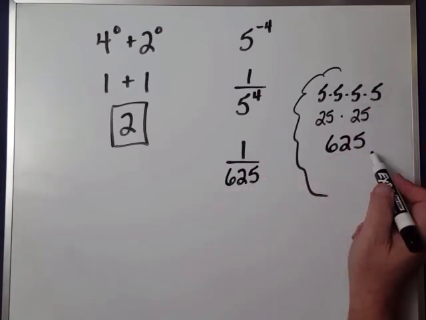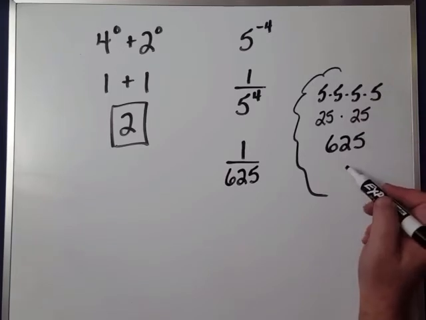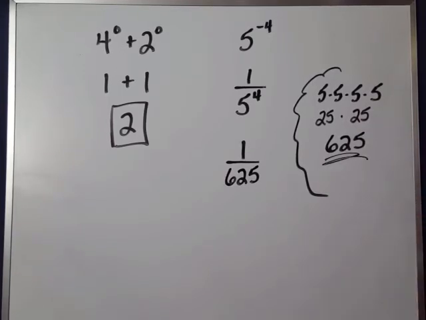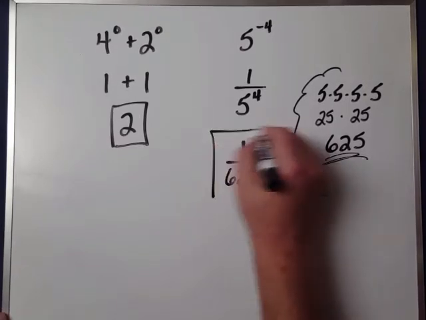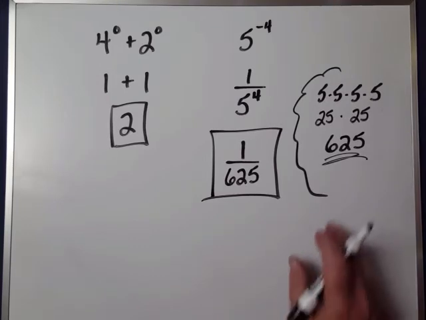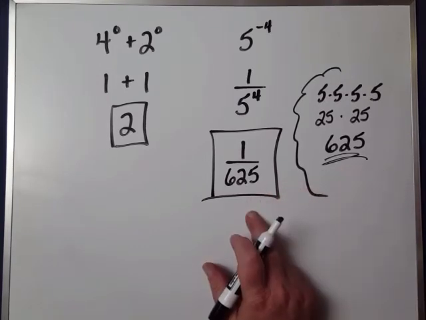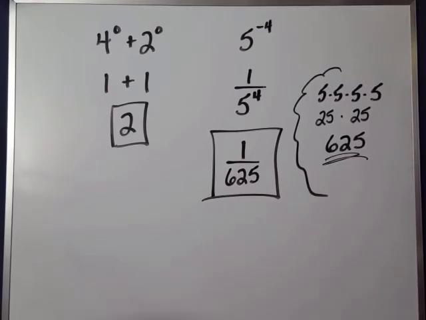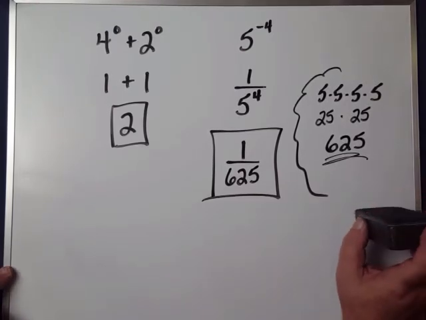I don't care how you come up with it. I showed you how I came up with it. As long as you come up with that 625. My final answer here is 1 over 625. And by the way, I do not find that to be an unreasonable size number to give you on a quiz or a test. 5 to the 4th power, I think that's very doable.